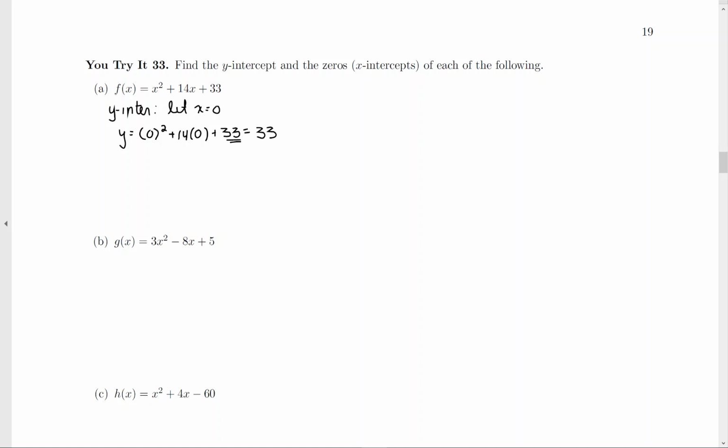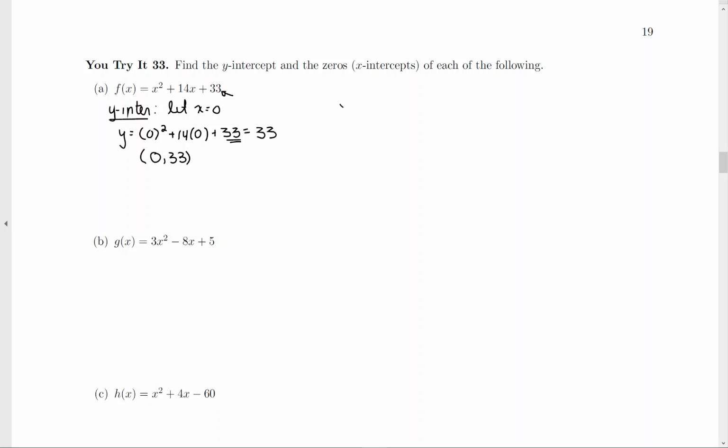The first two terms will zero out. 0 squared is 0, 14 times 0 is 0, and 0 plus 33 gives me 33. So there's a little bit of a shortcut here when I want to find the y-intercept. I'm really looking at the constant there, and the point would be (0, 33).